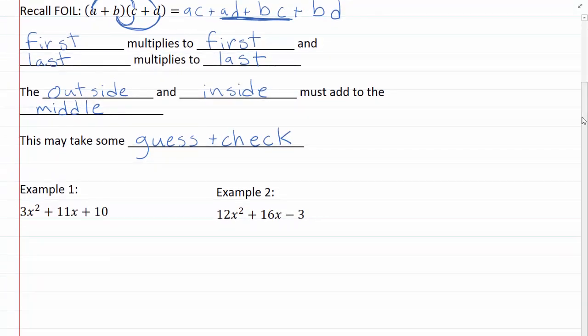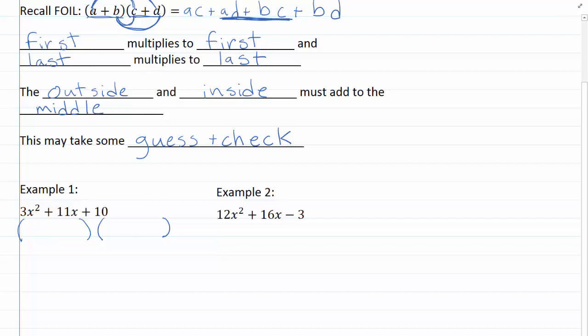Okay, so we've got example 1, 3x squared plus 11x plus 10. So when we go to try and break this down, remember we're trying to undo our FOIL, so we're going to end up with two different expressions down here, just like we had two different expressions at the beginning up here.